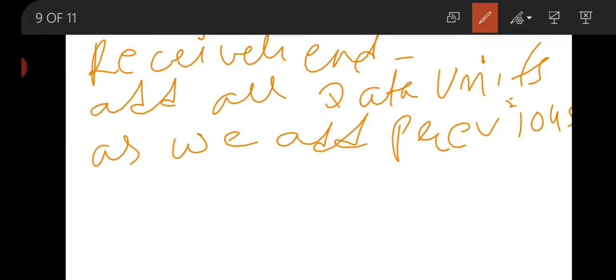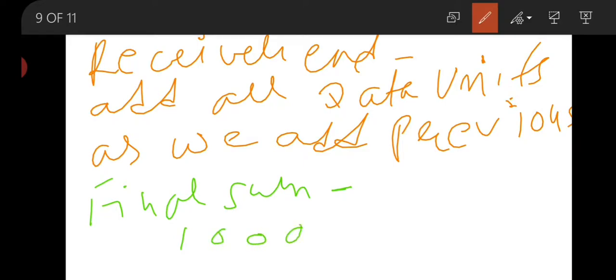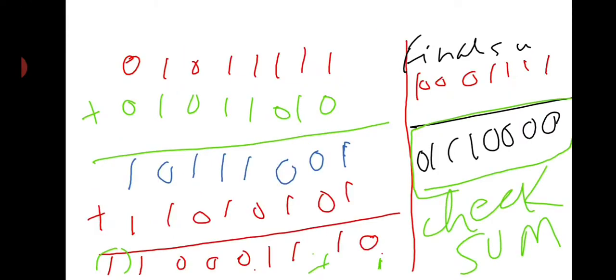Now the final sum is 1, 0, 0, 0, 1, 1, 1, 1. This is your final sum. We can say that your final sum is 1, triple 0, 4 times 1.